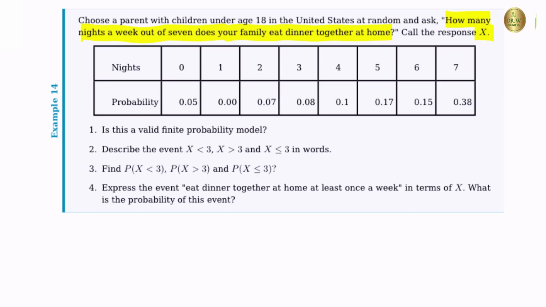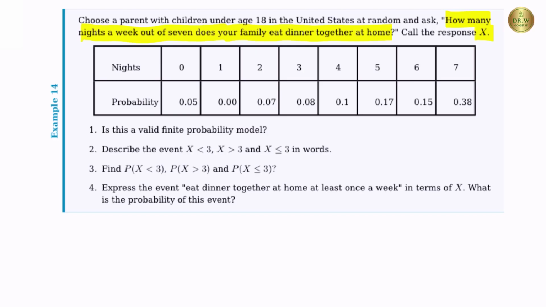The random variable is x. How do we define it? It is the number of nights your family eats dinner together at home. Is it discrete or continuous? If I ask this question, what should your answer be?